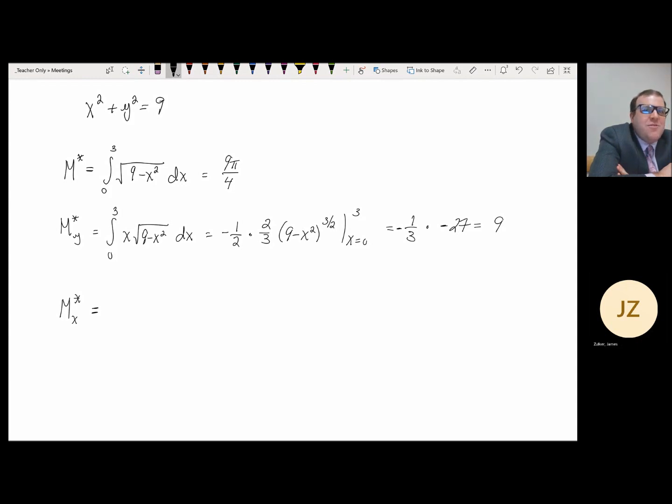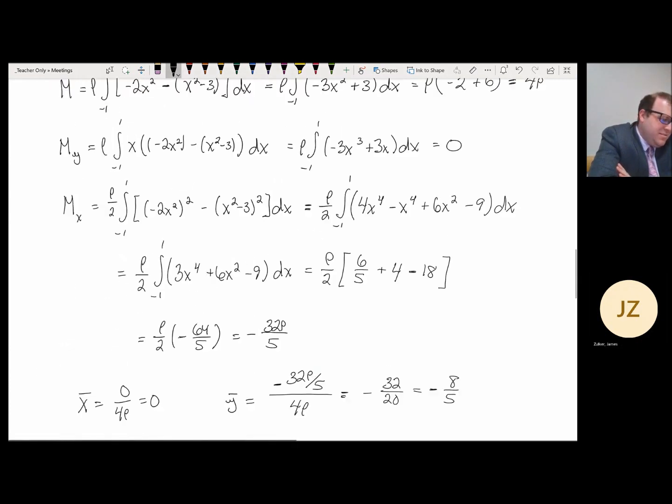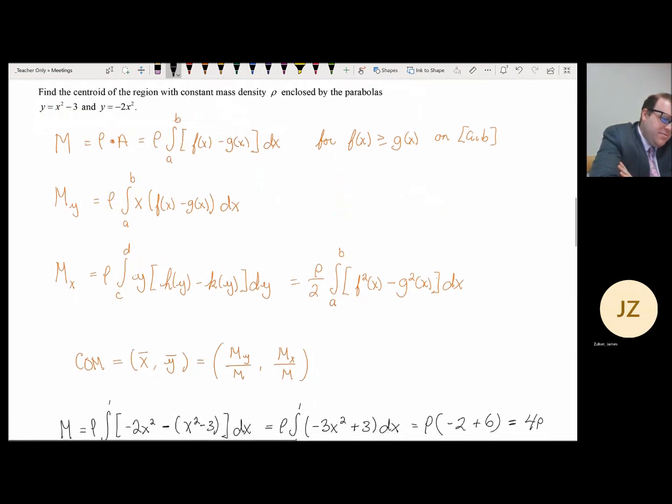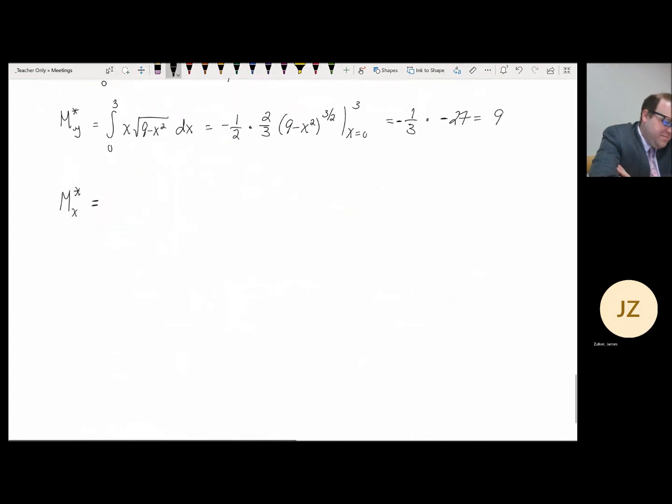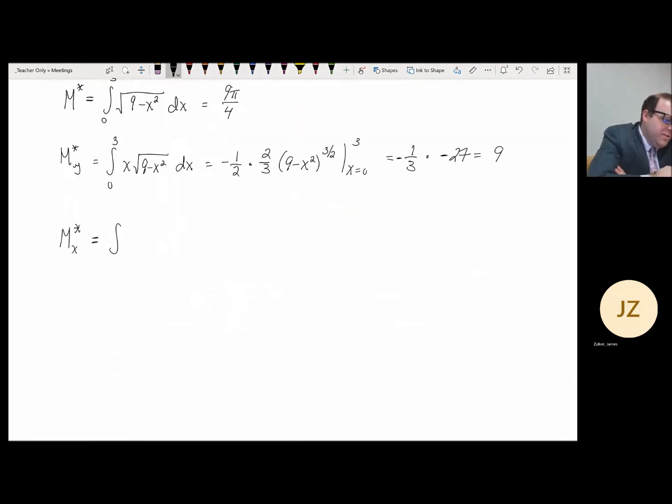In this scenario, it would not be advantageous to use that. We're going to set this up as an integral with respect to y. What would the bounds be for y?